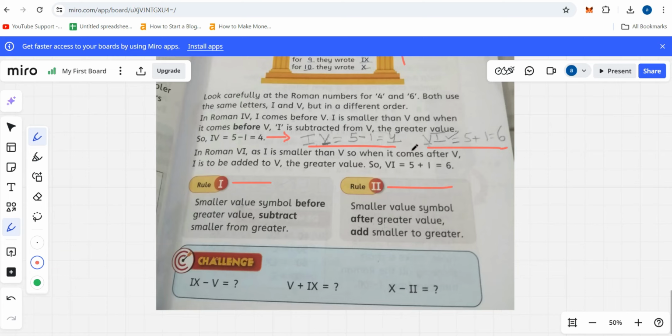Therefore, this Roman symbol represents 4. Rule number 2 states that if a smaller symbol is after the greater symbol, then it's added. So here V means 5 and I means 1, so 5 plus 1 is equal to 6. Now, I hope you understood what Roman numbers are.